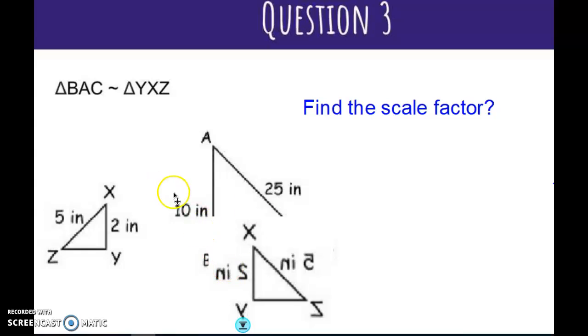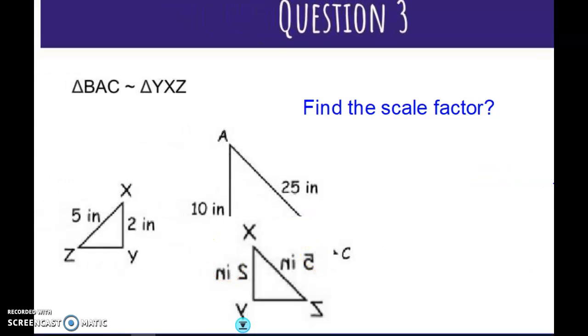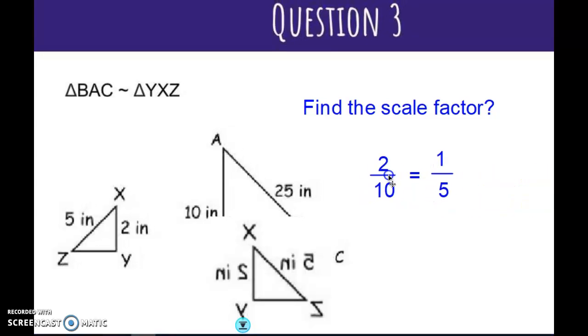And both of those, 2 to 10 or 5 over 25, they both reduce to, whoops, sorry, I grabbed the wrong thing. They both reduce to 1/5. So that would be the scale factor. We have to line up the corresponding sides.